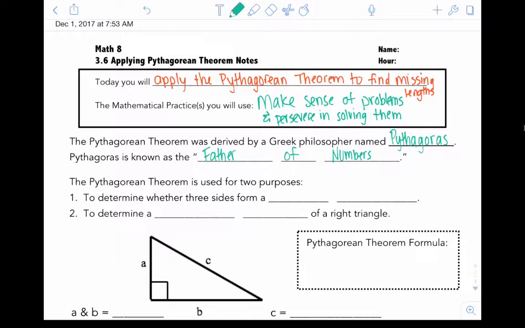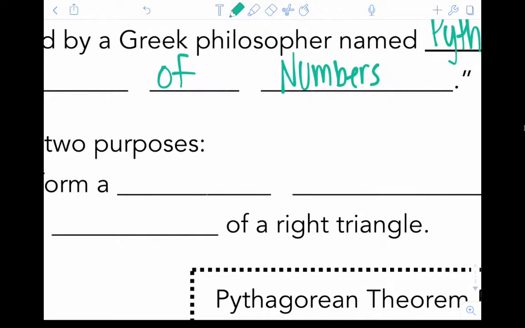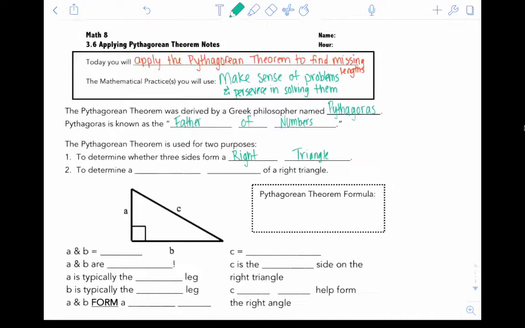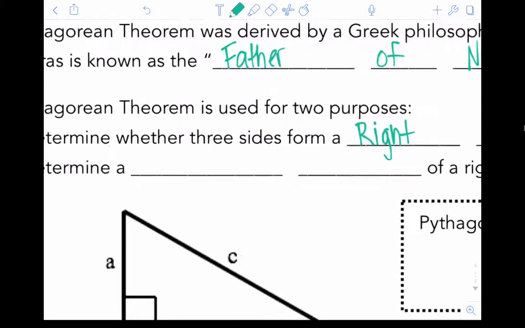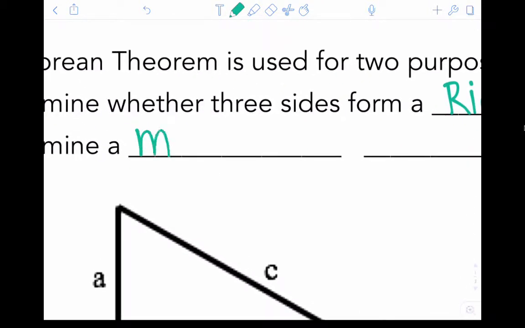So the Pythagorean theorem is basically used for two purposes. The first one is to determine whether three sides form a right triangle. So if you have three side lengths, you can figure out if they form a right triangle or not using this. And then the other purpose is to determine a missing side of a triangle.